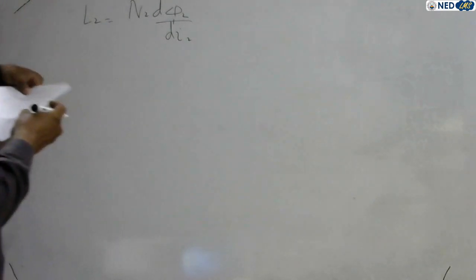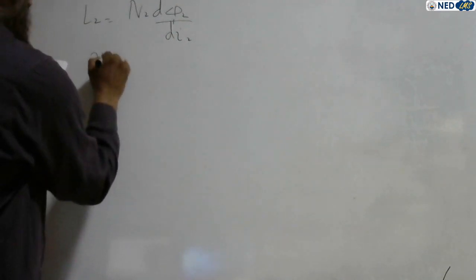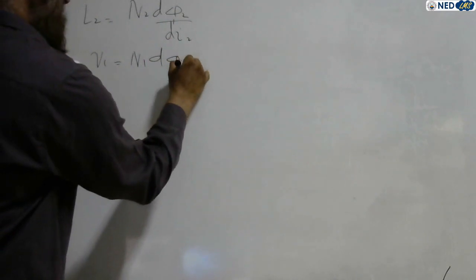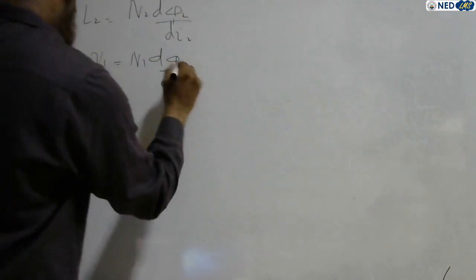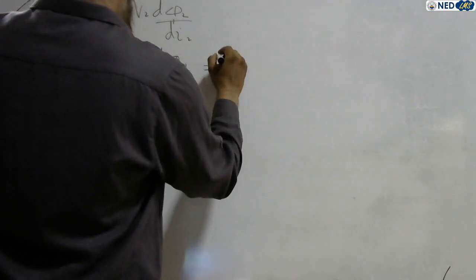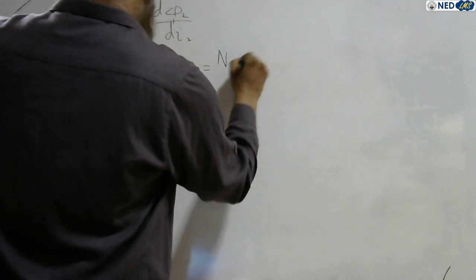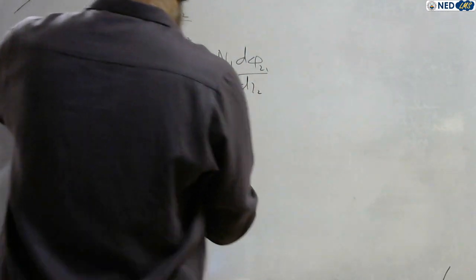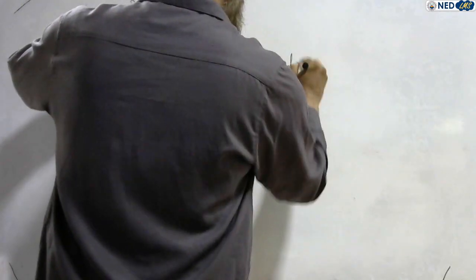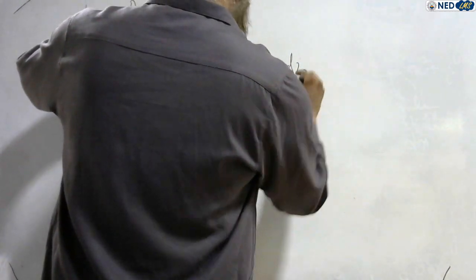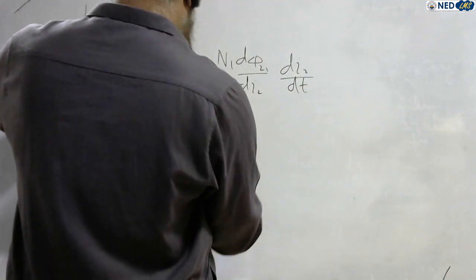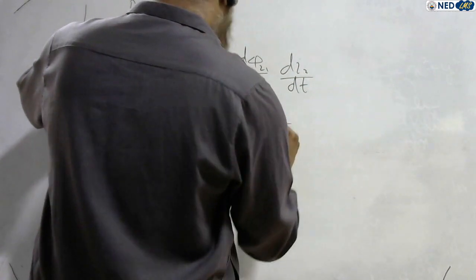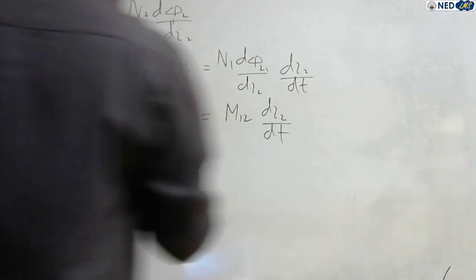So finally, what was the V1? V1 was N1 d phi 2 1 over dt, which equals N1 d phi 2 1 over di2 times di2 over dt, which equals M12 di2 over dt.